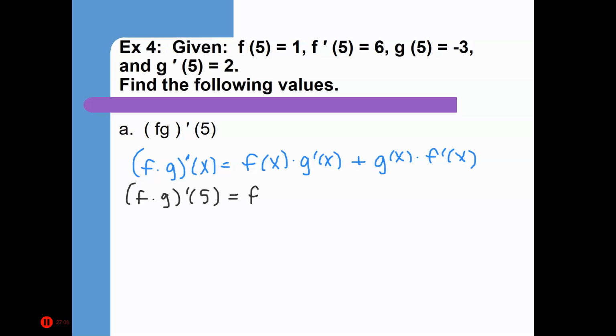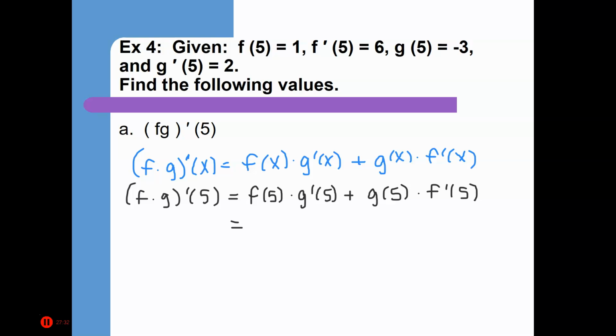So you get f of 5 times g prime of 5 plus g of 5 times f prime at 5. And then you're just going to use the given points to find the solution.